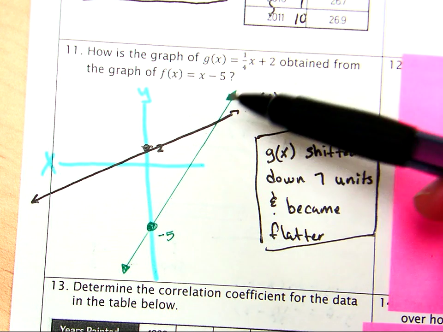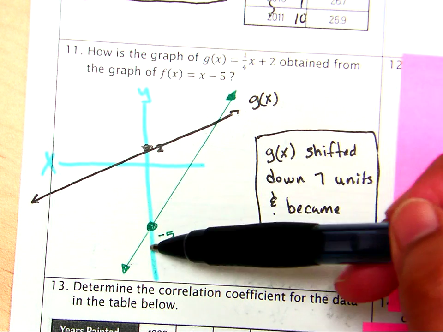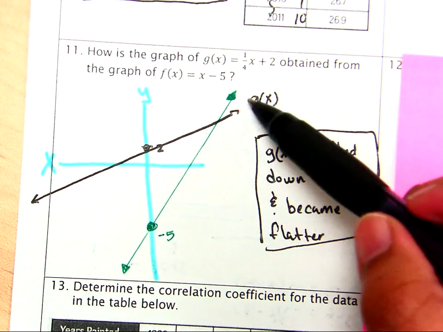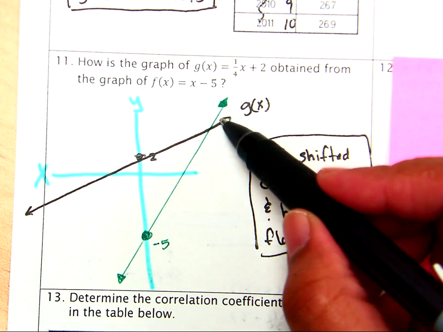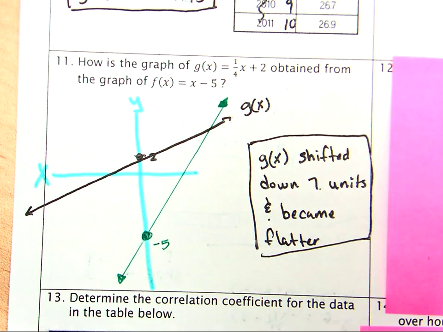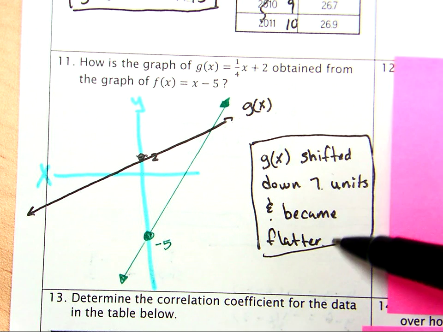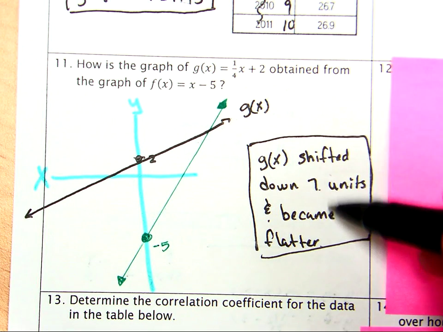So if you look, to get from here to here, I had to go down, and that's 7 units. And then if you look also, this line is steeper, so that line became flatter. So that's all you would look for. Now it could be worded differently. It could say the graph became flatter and shifted down 7 units. You just need to know how it changed.